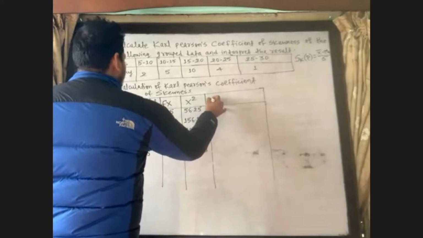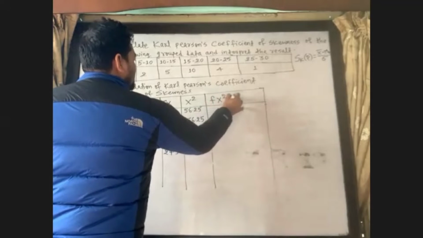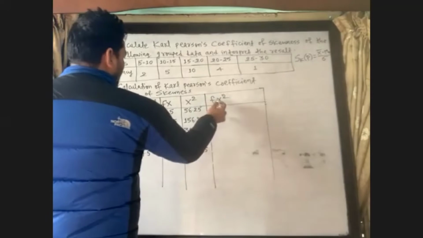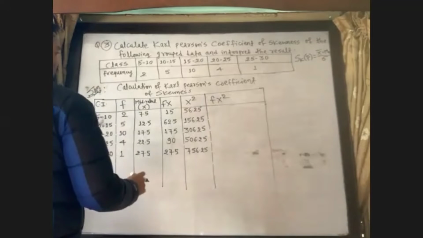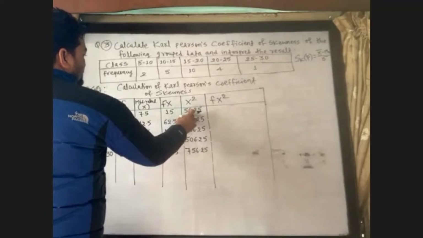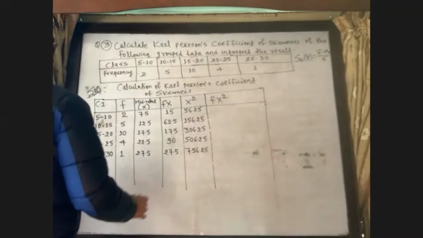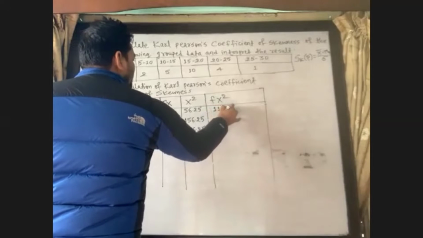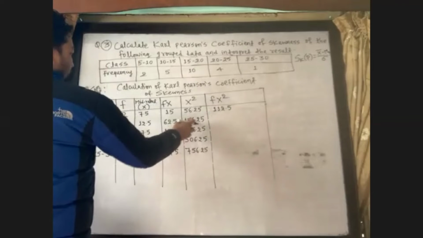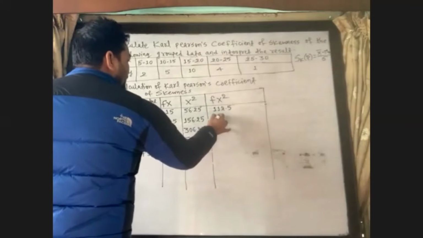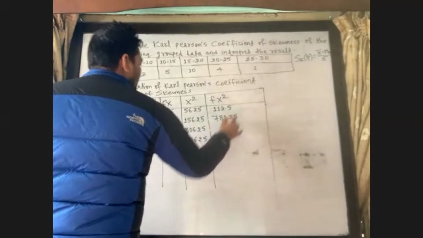Next one, what we need here, fx square. We need here fx square also, to find the standard deviation. Your fx square standard deviation को लागि चाहिन्छ. Okay, that's why now let's multiply. 56.25 into 2 will be 112.5. Then 156.25 into 5, we get 781.25.